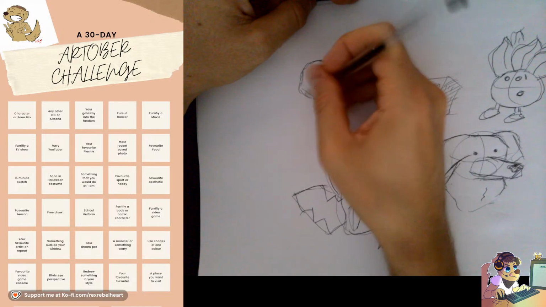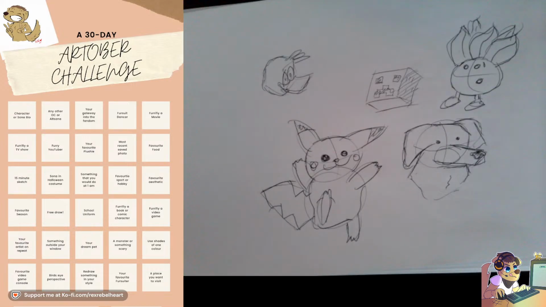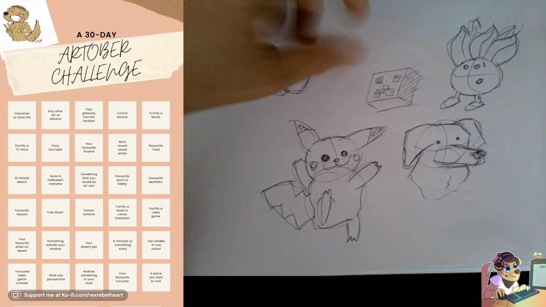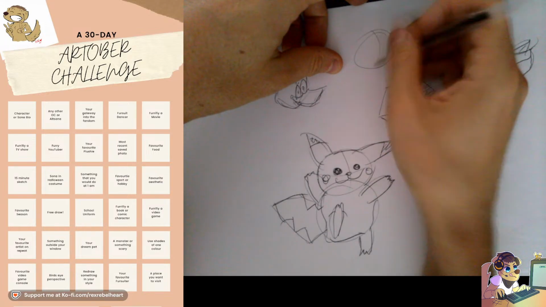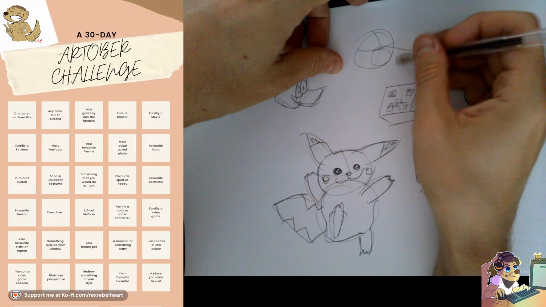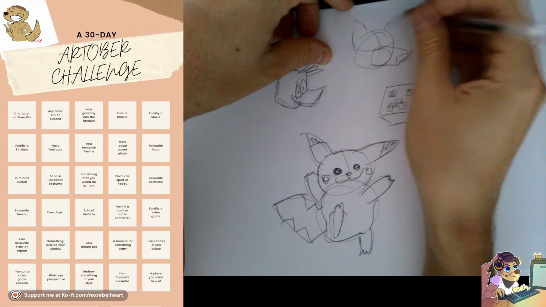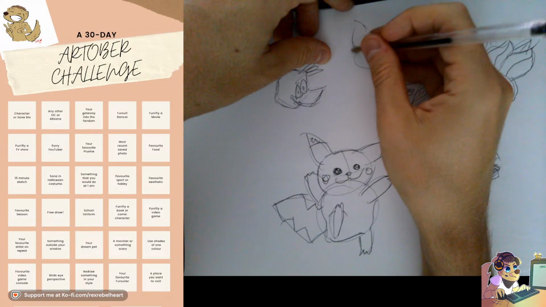I'm just trying to learn day by day. This is day 11 of drawing, you know? So we're just trying to mess around and do what we can, and every day hopefully get a little bit better.